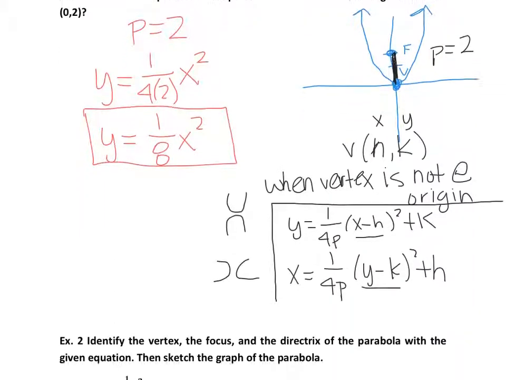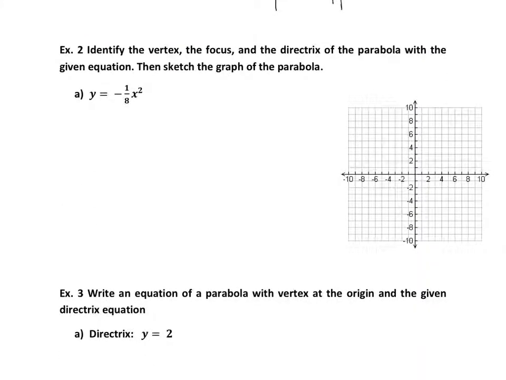On to example 2. It says, identify the vertex, the focus, and the directrix of the parabola with this given equation. Then sketch the graph of the parabola. First off, we can't sketch the parabola until we know what our p-value is. Notice, our generic equation is 1 over 4p x squared.